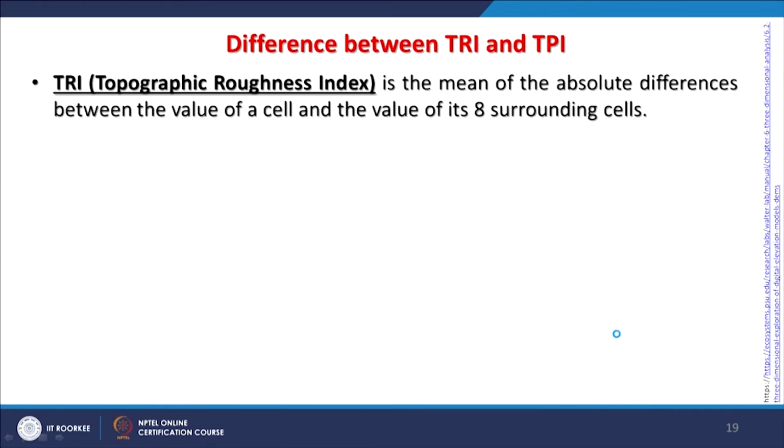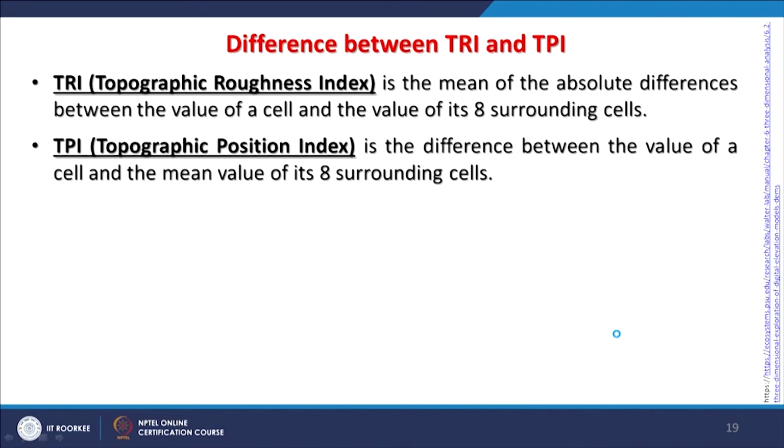And if we compare TRI and TPI, as you know, the topographic roughness index is basically the mean of the absolute differences between the value of the cell and the value of its 8 neighbors. Whereas in TPI, it is the difference between the value of a cell and the mean value of its 8 surrounding cells.